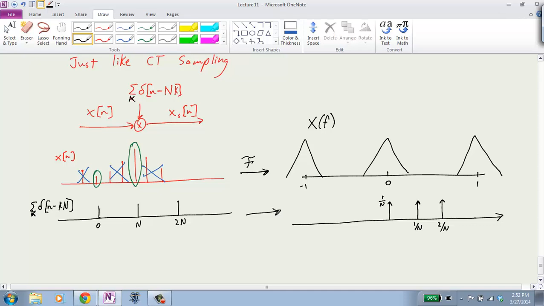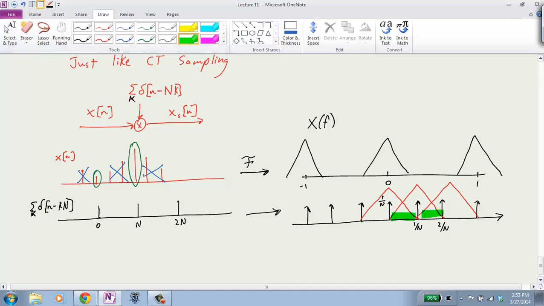So what we get then is we use the same kind of analysis that we did with continuous time sampling to say, do I get aliasing? In other words, once I copy this over, once I do the convolution in frequency and I add it all up, do I get aliasing? And in my picture here, yes, this all aliases. Everything aliases.